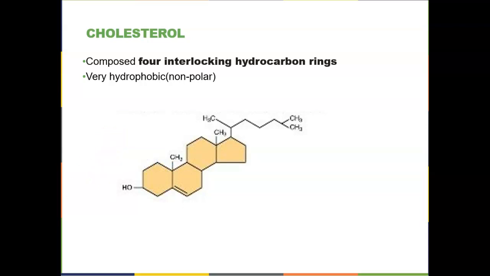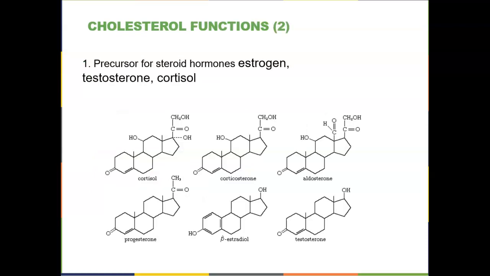We are going to have 2 different major functions for cholesterol. One, cholesterol serves as the precursor for steroid hormones. So this is estrogen, testosterone, cortisol, aldosterone. So it's not necessarily the steroids that you think of as performance-enhancing drugs. There is a subclass of steroids, androgens like testosterone, that do cause muscle mass increase, that are performance-enhancing drugs.